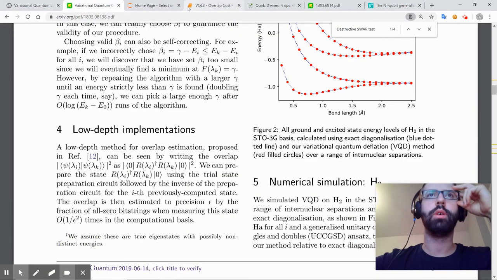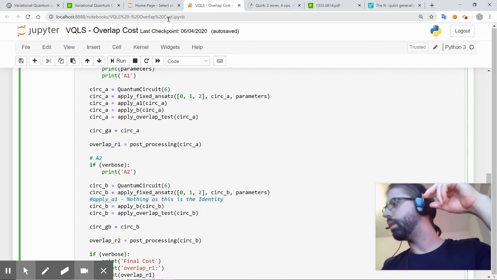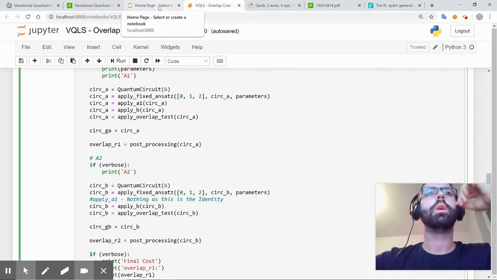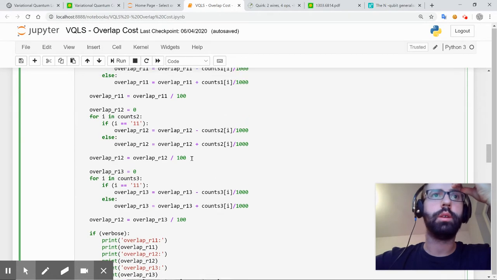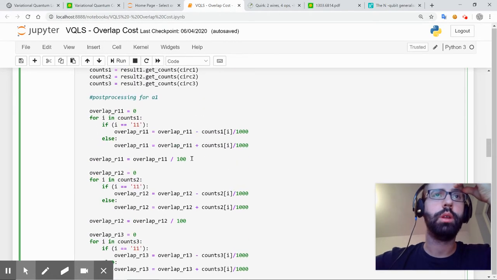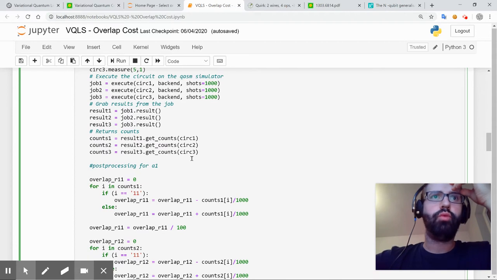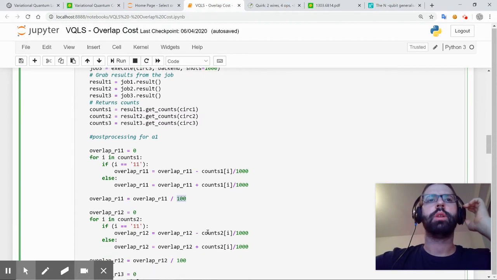Am I doing something essentially wrong? It's difficult for me to think at that point. Oh wait, why am I dividing this by 100?